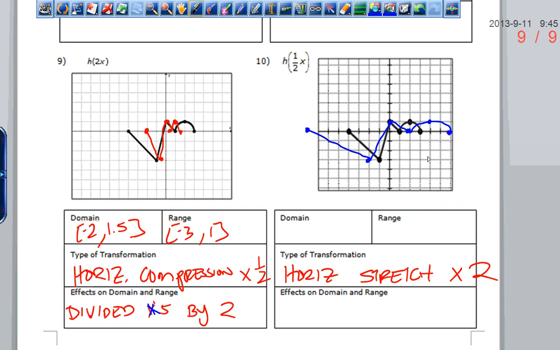Boom. Our domain now is from -8 to 6, appears to be. Our range didn't change at all. And we multiplied all of our x's by 2. It appears that whoever made these notes should have flip-flopped these.